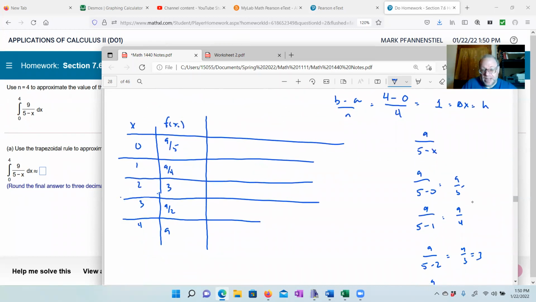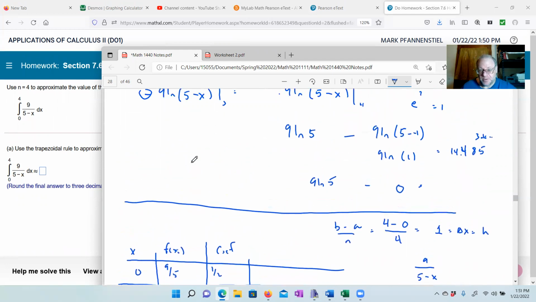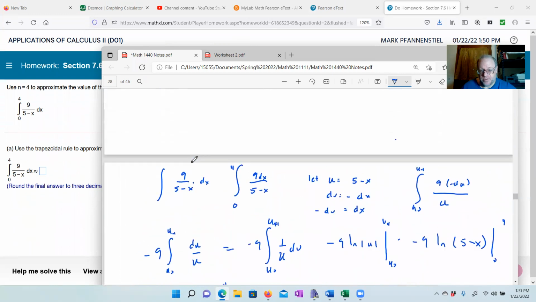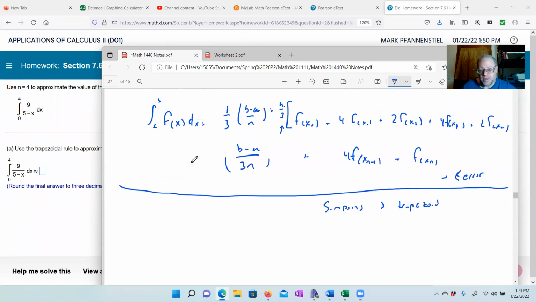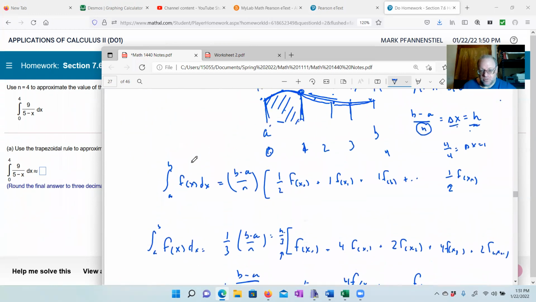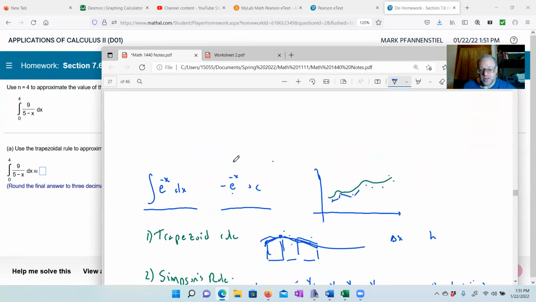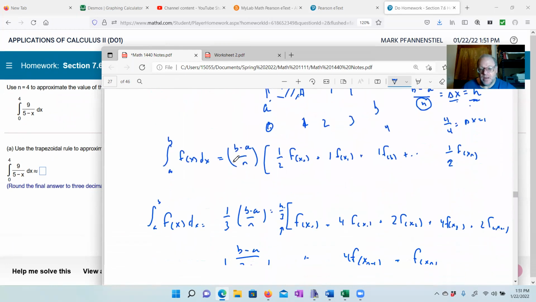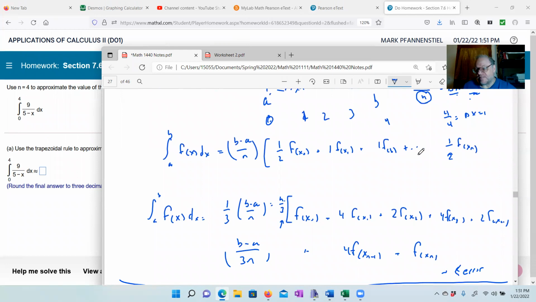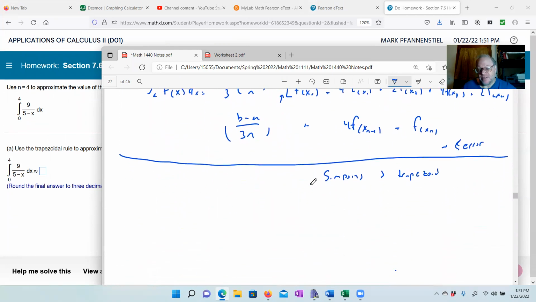I might write a C for coefficient here, where this is going to be 1/2, 1, 1, 1, and 1/2. When we get to Simpson's rule, this might be a little more useful because you'll be able to see that you're supposed to multiply by these. I'm going to go up to the Trapezoid Rule again, just to look this up. Notice the first one is a half, everybody else is 1, the last one's a half.